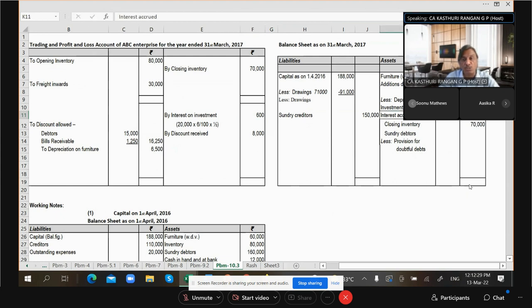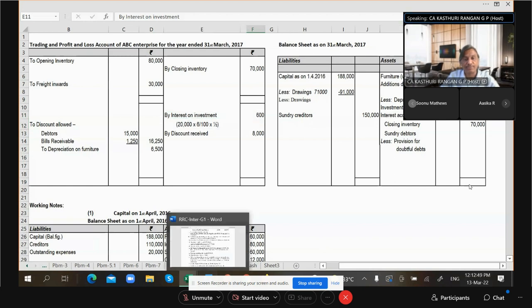Interest accrued account debit, so show it in the asset. To interest on investment, show it as income. Double effect, asset as well as income. Income accrued, income receivable. Remember to put it as and when you record the investment itself. Okay. Next.